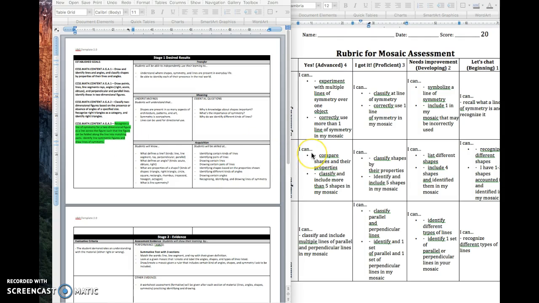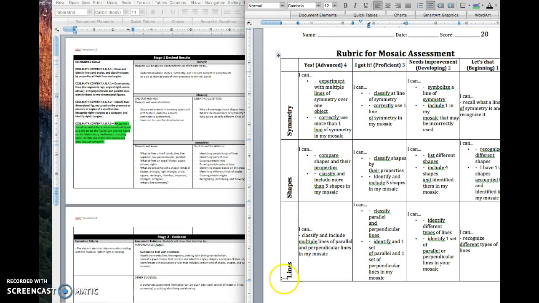Now this might seem trivial, but I would actually revise the rubric to go in progression, having the first row be the simplest idea. So lines first, and then angles, and then shapes, and then symmetry. I would order it that way, so it almost feels like a checklist for students. You'll probably teach it in that way, so put your rubric in the same order.